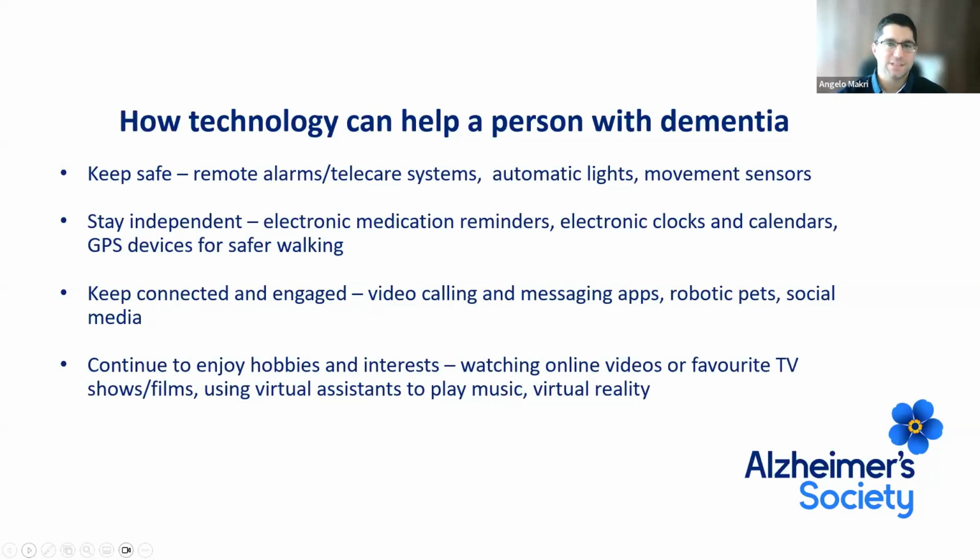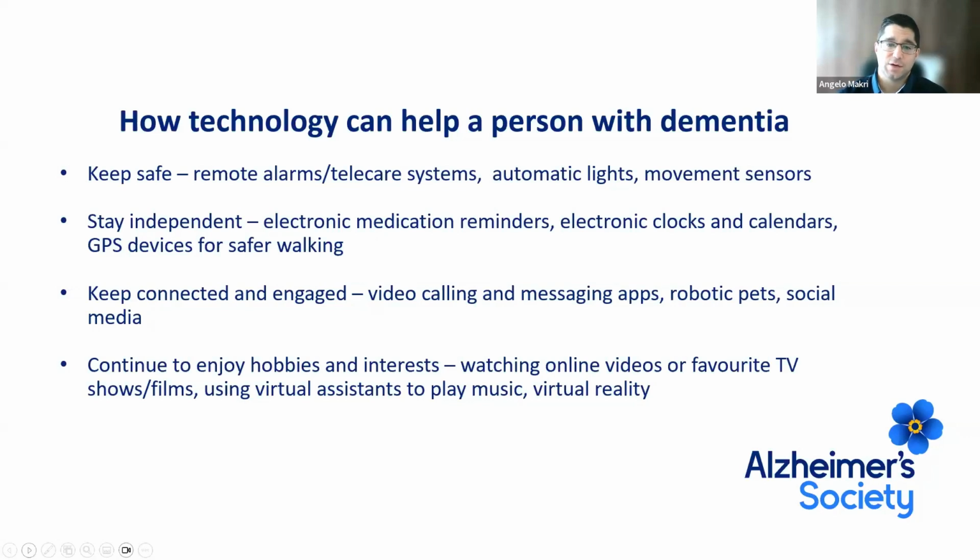Social media can be amazing, and there's a lot that's good about it, but with a person with dementia, I would emphasize being cautious about who you're speaking to, because there are a lot of scammers around. We'll touch on that later, but bear that in mind with social media.